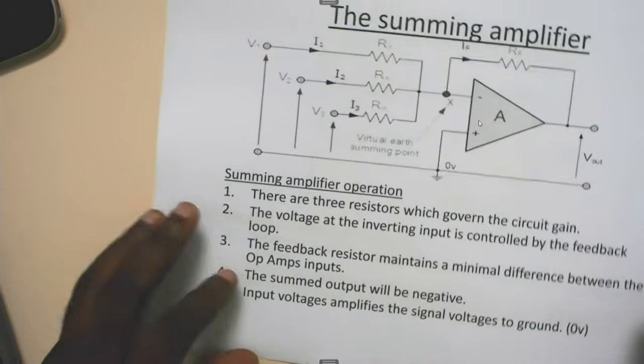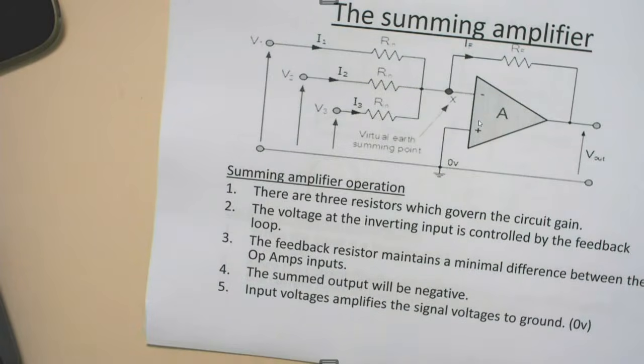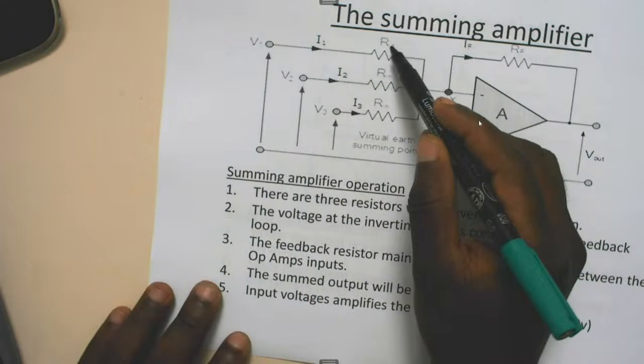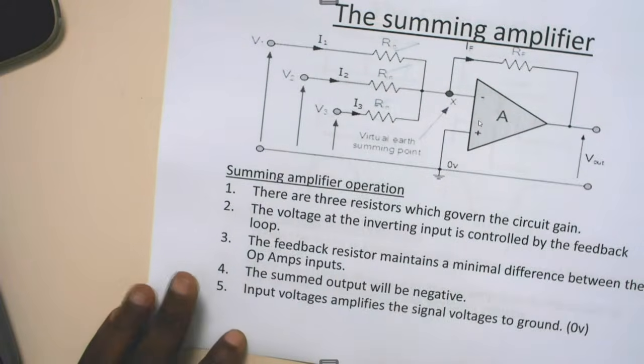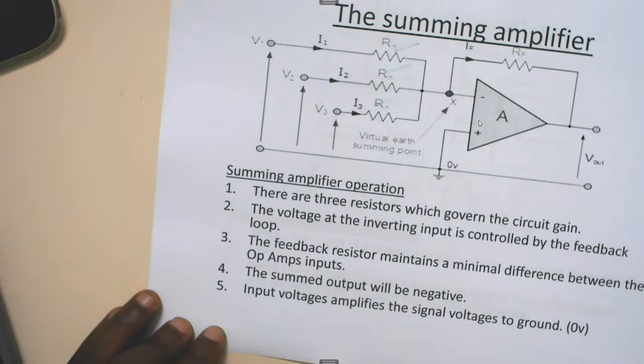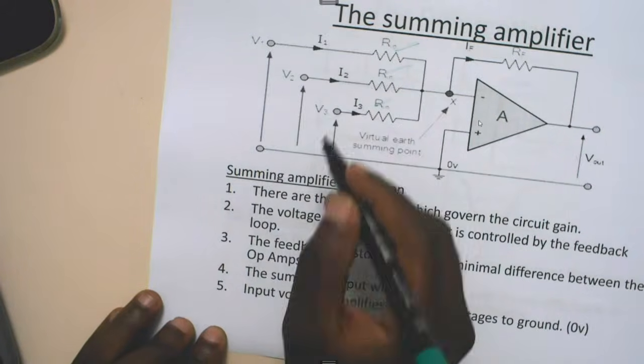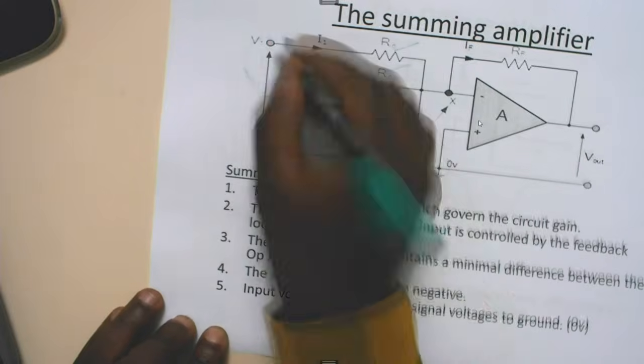So here we go. Here there are 3 resistors which govern the circuit gain, which are the R-ins. Then the voltage at the inverting input is controlled by the feedback resistor loop. Here are the 3 voltages on the inverting input.